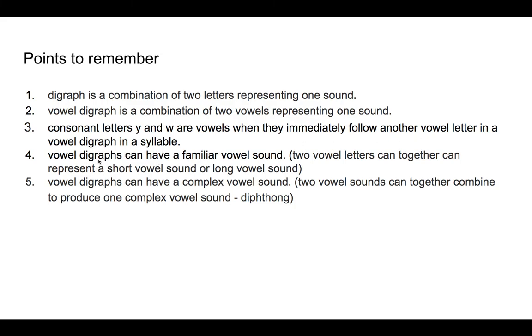Vowel digraphs can have a familiar vowel sound or a complex vowel sound. When two vowel letters combine to represent one sound, it could produce either a short vowel sound or a long vowel sound. When two vowel sounds combine to produce one complex vowel sound, it is called a diphthong.